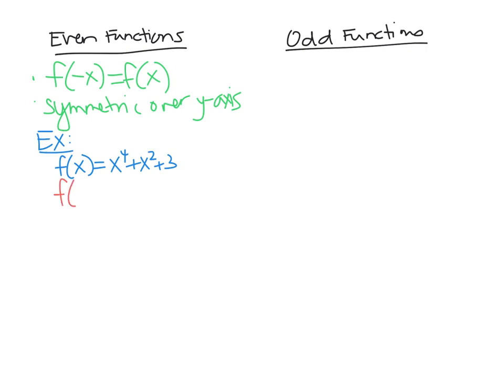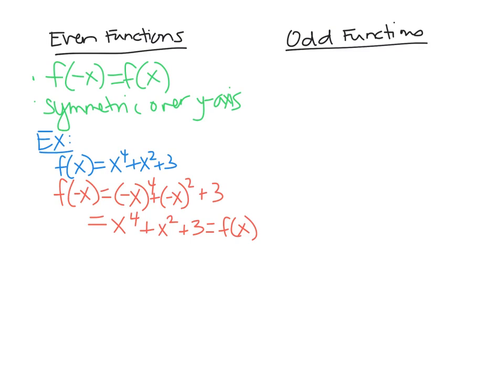To prove that it's even, if you were to substitute in a negative x, we would know that that actually is the same as if you didn't substitute in that negative at all, because if you have a negative to the fourth or squared, it just becomes a positive. So that's going to be equal to what you started with.